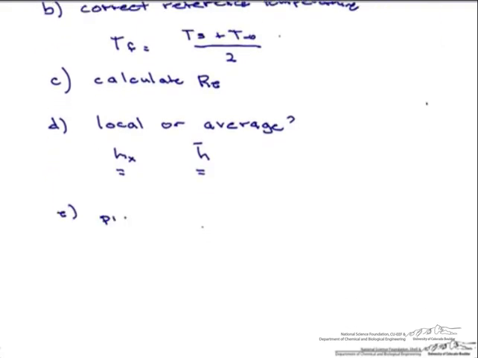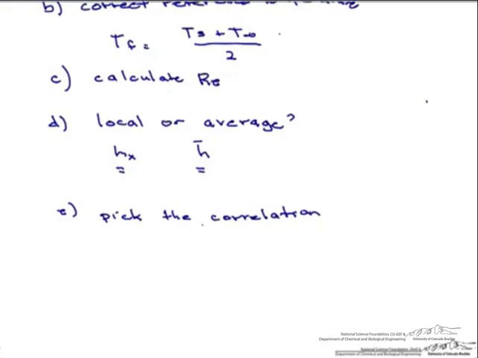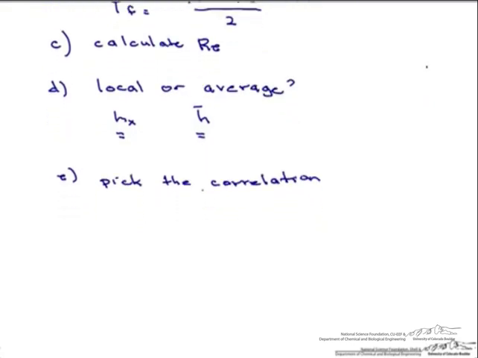Finally, after all that, we pick the appropriate correlation based on everything I've talked about above. Notice that these correlations are usually not for h. They are usually for what's known as the Nusselt number, which is the ratio of the convective heat transfer to the conductive heat transfer.